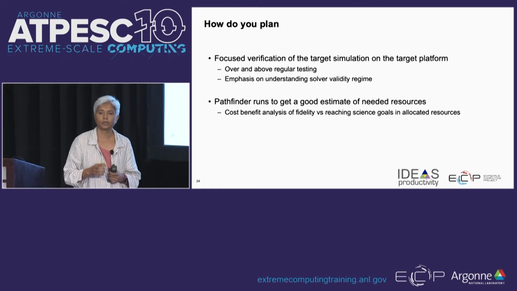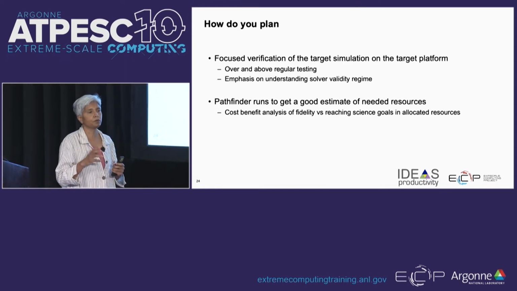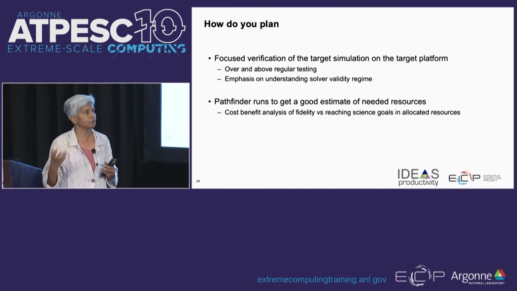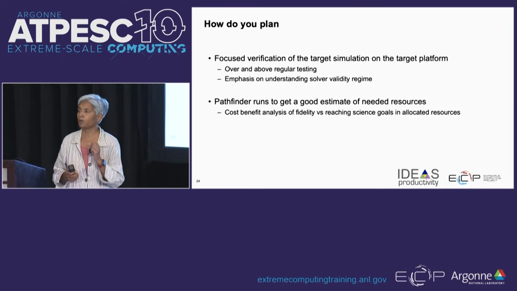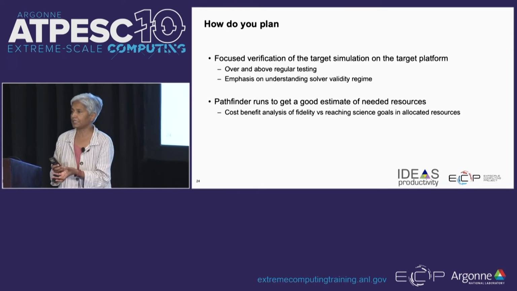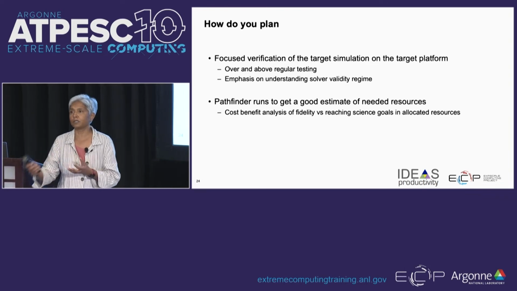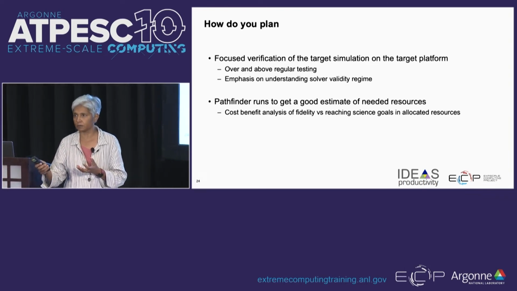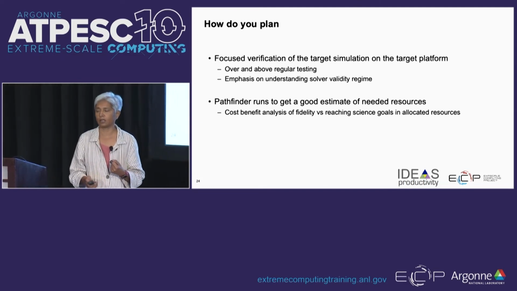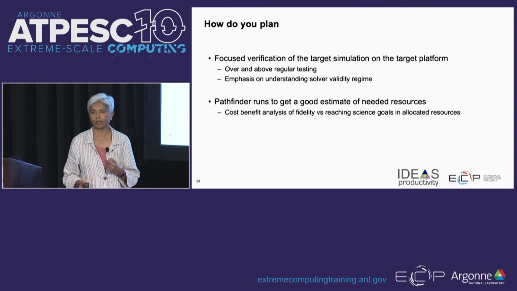What these pathfinder runs do, you may want to run a bunch of 2D runs in similar circumstances, followed by simpler 3D runs that give you extrapolation possibilities, etc. They give you the possibility of the cost benefit analysis that you might want to do, so that you can do this trade-off between fidelity and the ability to reach the end of the target simulation, so that you can reach your science goal in your allocated resources.